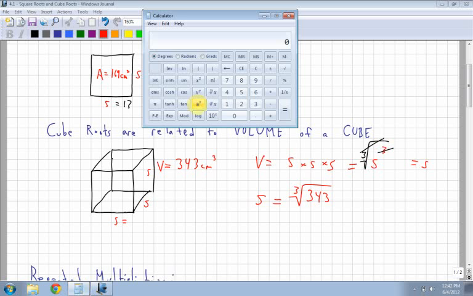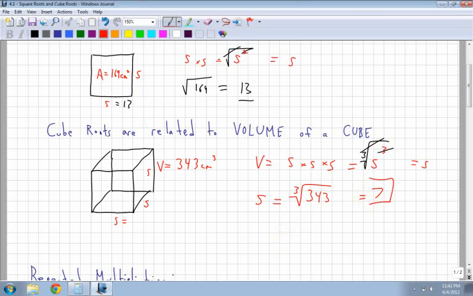On your calculator, most calculators have a little cubed root button. They have a root button up here, and they have a cubed root button with a little 3 above the root sign. So I have 343, and I take the cubed root, I get 7. So my side length is equal to 7.